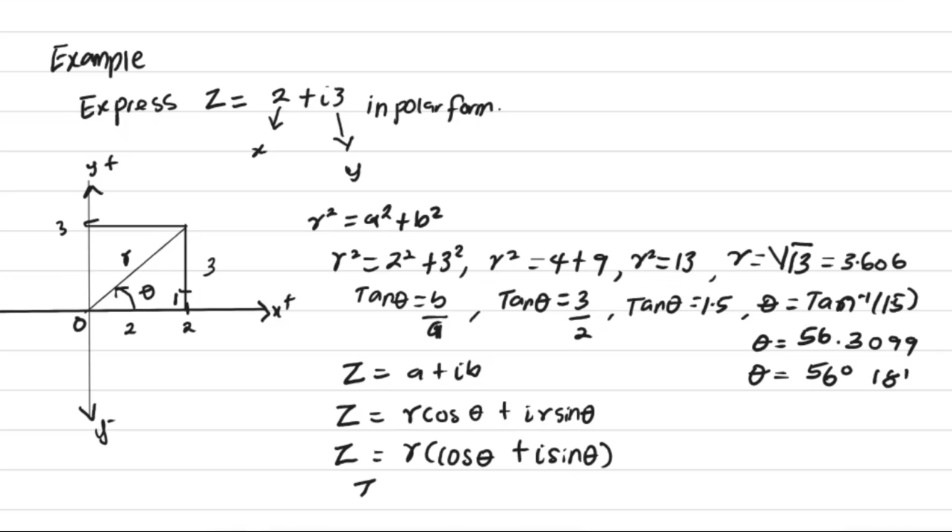So here z is going to give us, our r here is root 13, which is equivalent to 3.606, into cos our theta here, 56 degrees 18 minutes, plus i sine 56 degrees 18 minutes. So that will be the correct answer to this particular question.